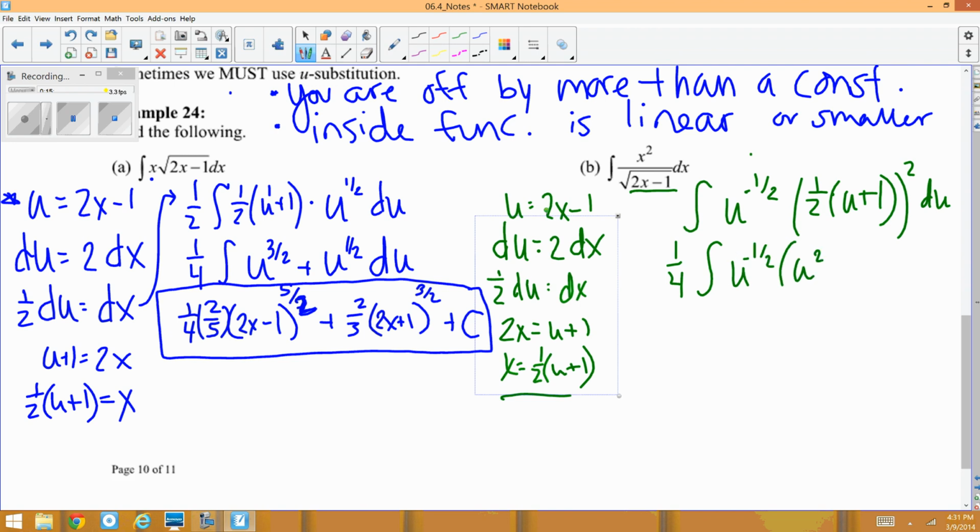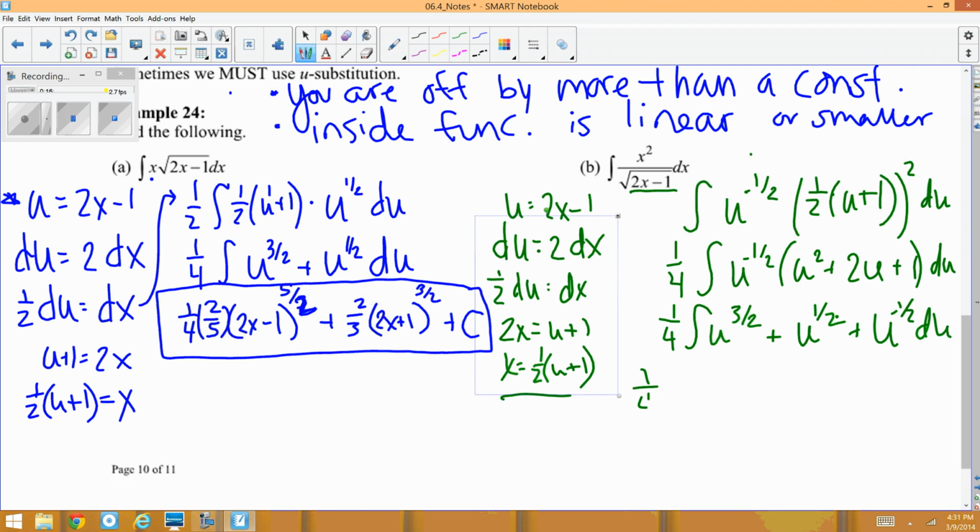So I'll get u squared plus 2u plus 1 du. Now I can distribute. So u to the, think about it as 4/2 minus 1/2, so that would be u to the 3/2 plus 1 minus 1/2 will be u to the 1/2 plus u to the negative 1/2 du.